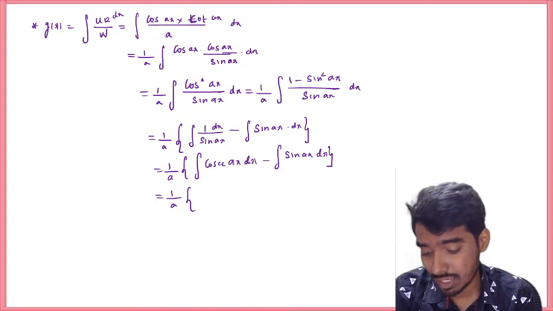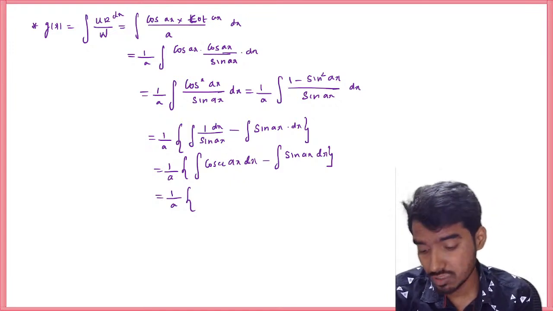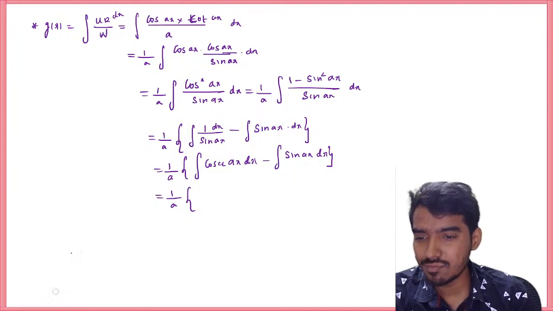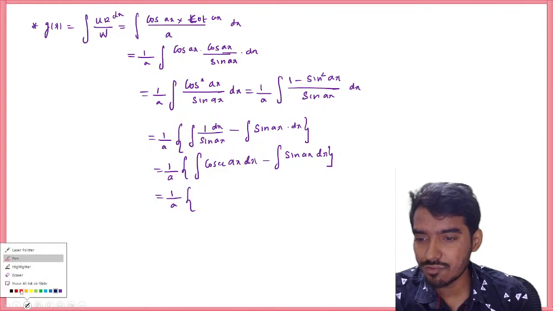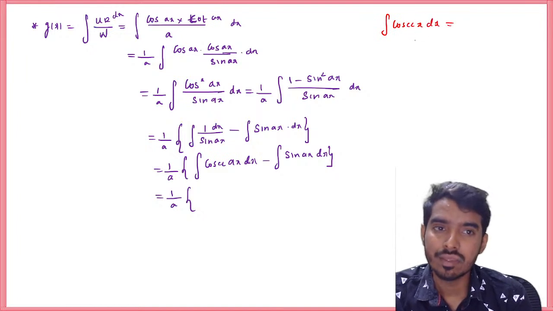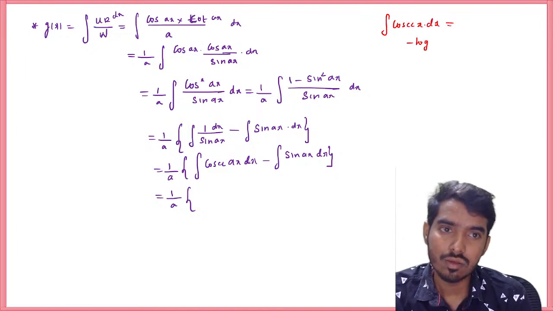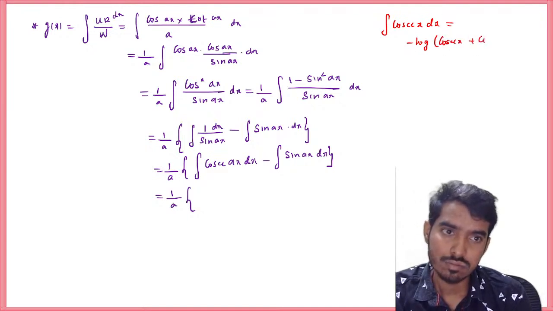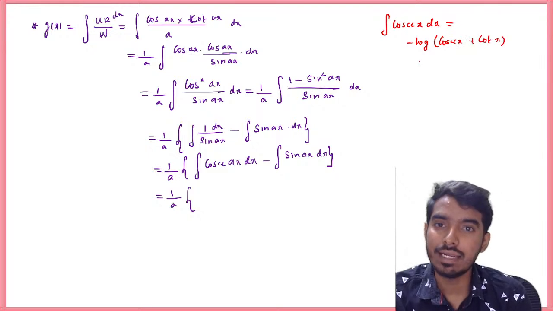Actually, there are many formulas for integration of cosecant ax. We already know, right? Actually, there are four similar formulas. So what is integration of cosecant x dx? It is minus log cosecant x plus cot x, right? This is the one that I wrote early in the previous classes.